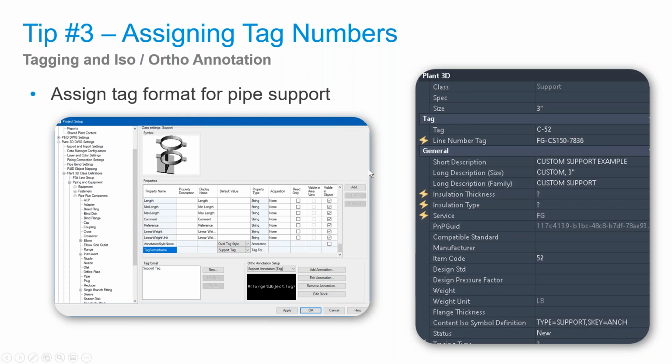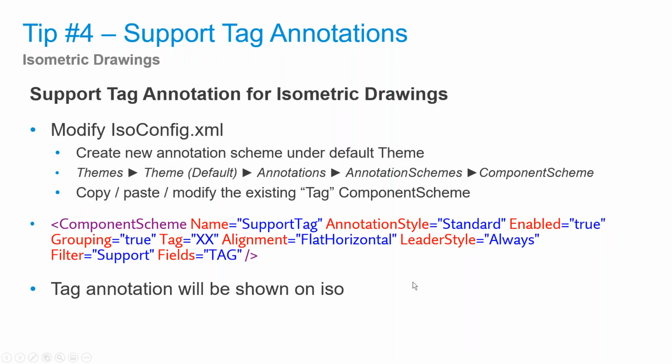And of course, the question comes up, can you show the annotation for that tag on the isometric drawings? And you can, but it does require some customization of manually modifying the ISO config XML. So we did some testing with this, and it requires going into, for example, the default theme, which is going to be used for most of the drawings as far as the annotation.